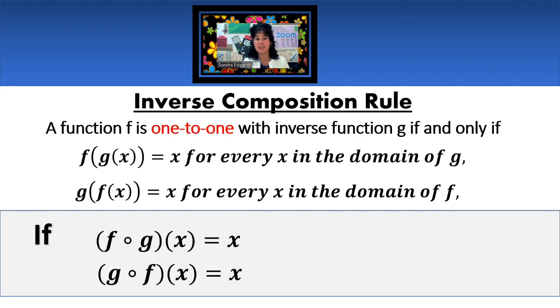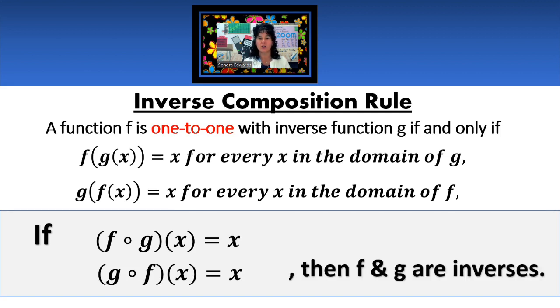Also, we have to make sure that f is one-to-one. If all of that is true, then f and g are inverses of one another.